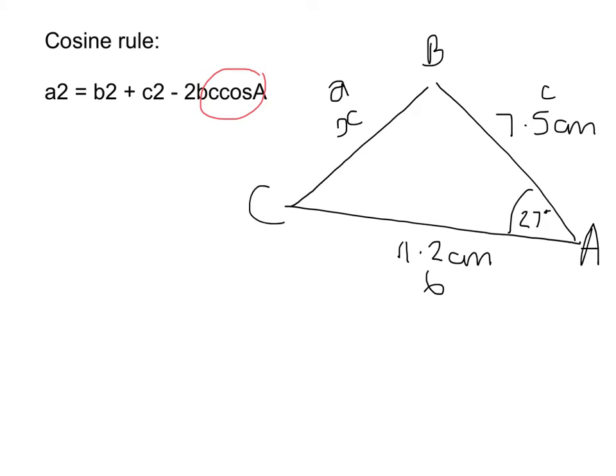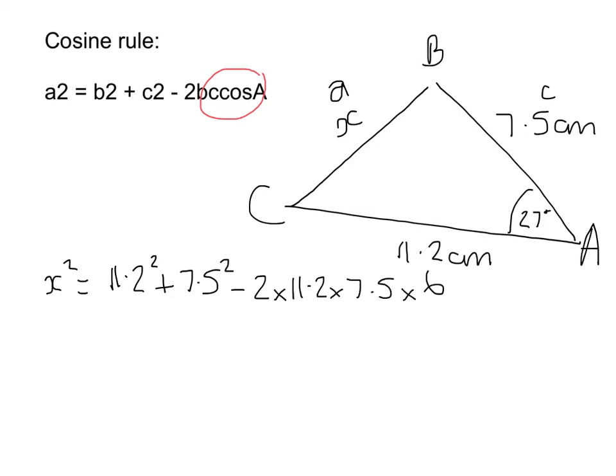Now using the formula, I'm going to get x squared equals 11.2 squared plus 7.5 squared, take away 2 times 11.2 times 7.5 times cos 27.